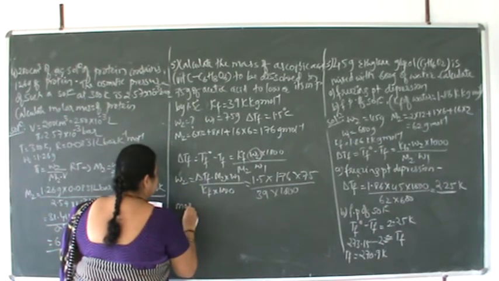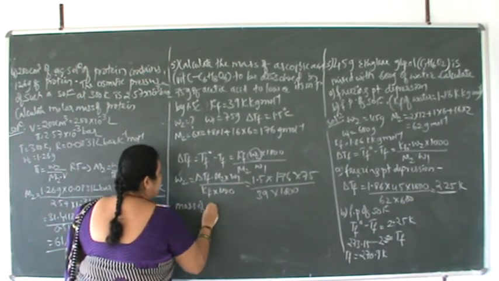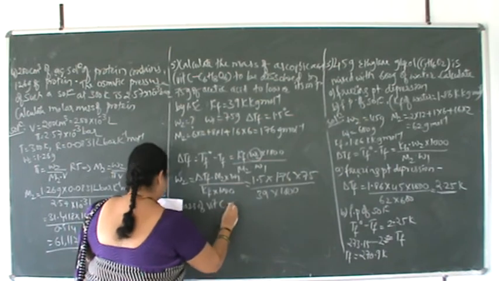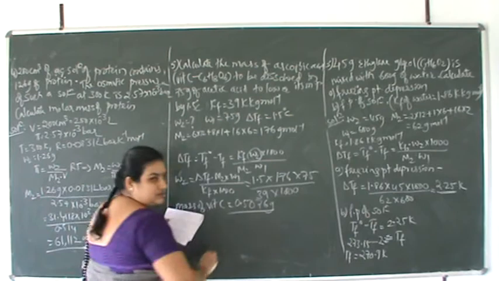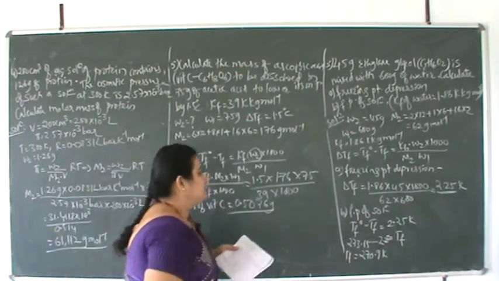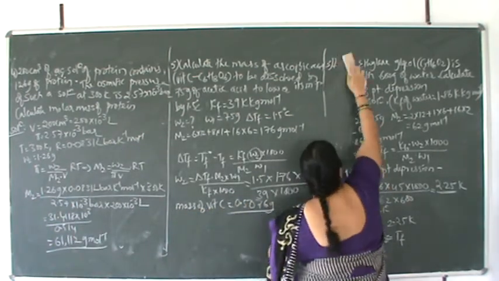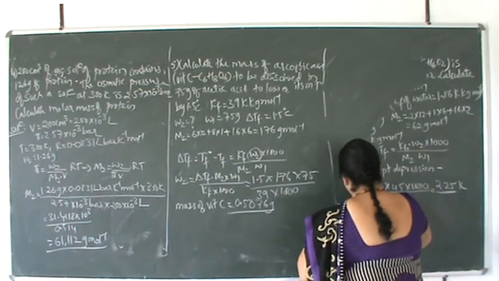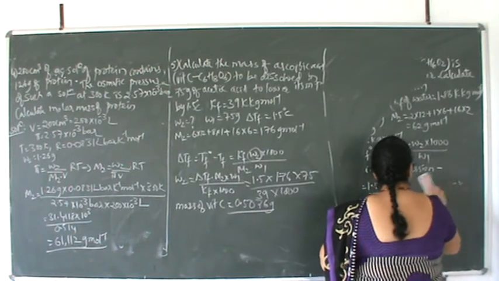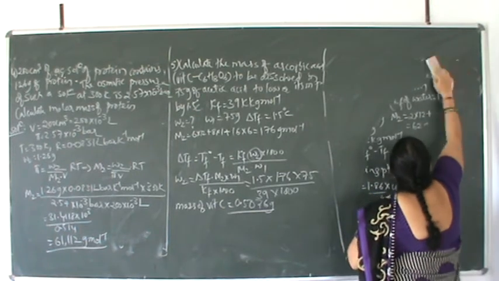Mass of vitamin C is equal to 0.5076 grams. Okay. Now next problem. All the problems are important from the point of view of your exams.